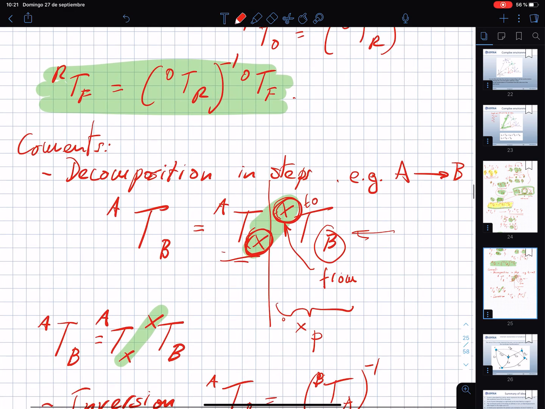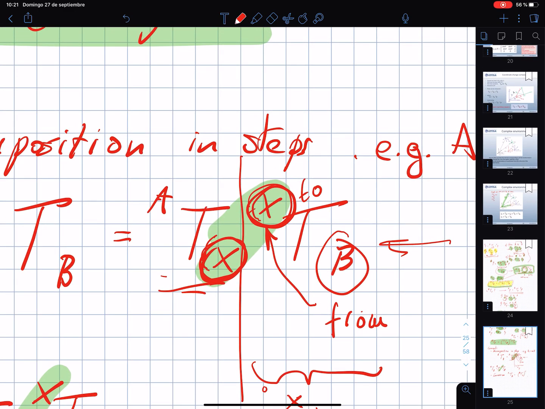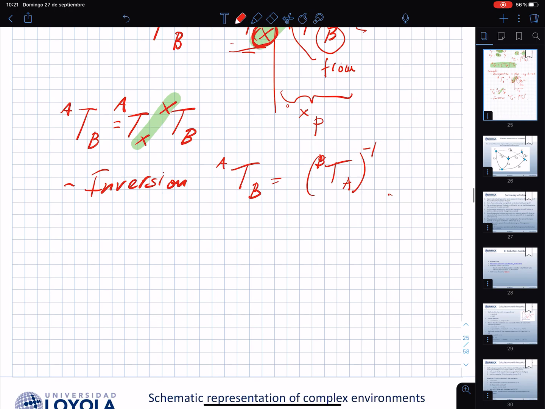And remember that we can introduce an intermediate coordinate frame in any coordinate change, but this intermediate need not be only one step. There could be more coordinate frames in the middle.